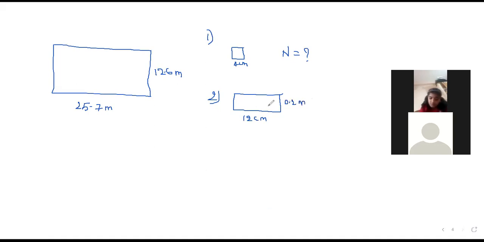If I want to place this type of tile in this room, then how many tiles are required? Yes, this is a challenge question.